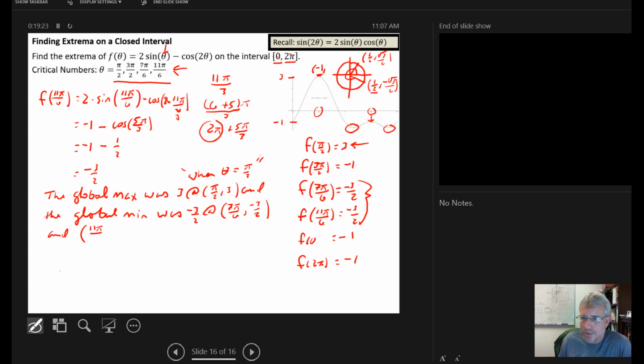I put a 3 there, that's 6. Those should both be over 6. It reduced in the cosine function to a 3, so I know why I made that typo. So it's at 11 pi over 6. We also got an output of negative 3/2. So there are your global extrema for the trigonometric function over the closed interval from 0 to 2 pi.